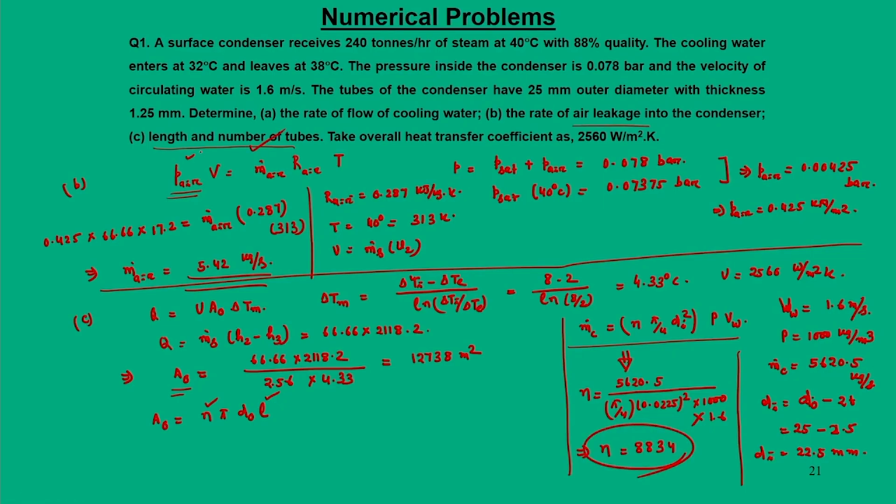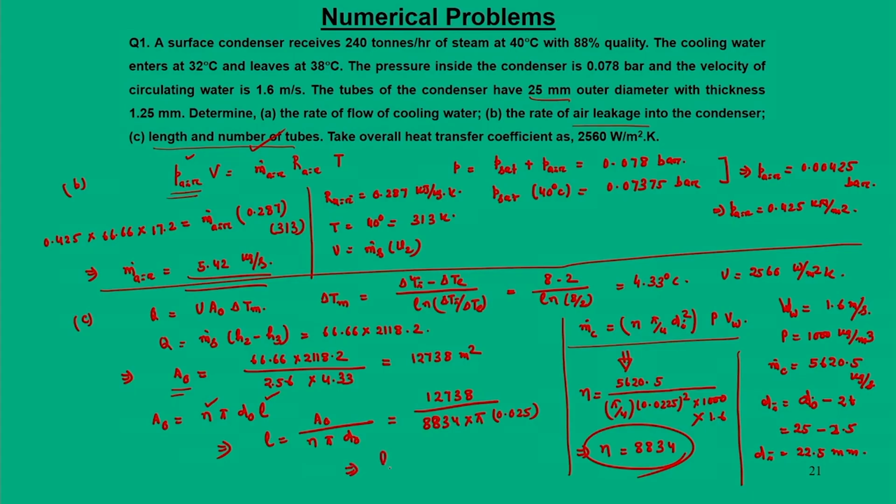Now, what is not known is the length. That we can now calculate. L is equal to A0 divided by n pi d0. A0 is already calculated as 12738, n is 8834 into pi into d0, that is already given as 25 mm, 0.025.